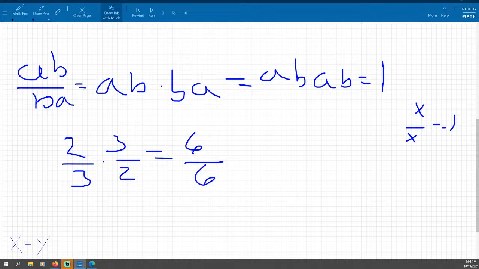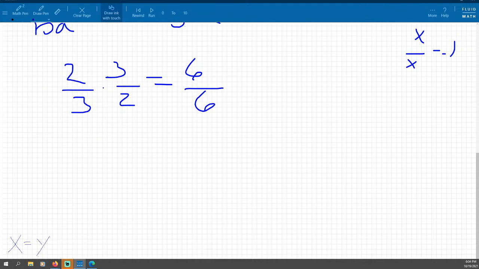So that's a reciprocal. So let's do a couple more reciprocals because it might be tricky, and what I'm saying is not making sense to you, but this is making sense to me. So let's say we have 5/8.